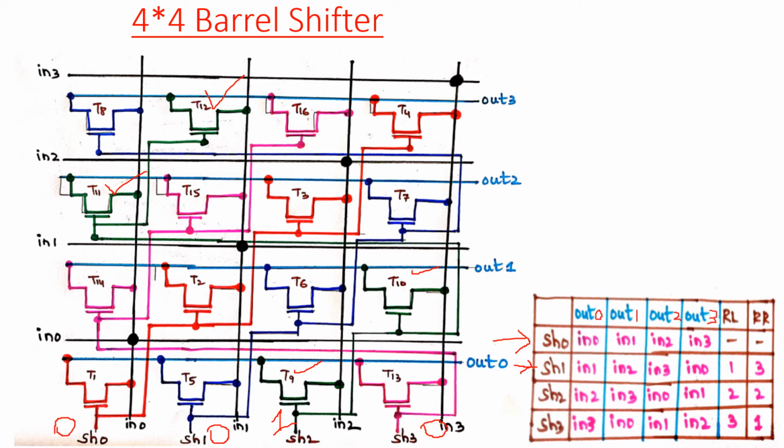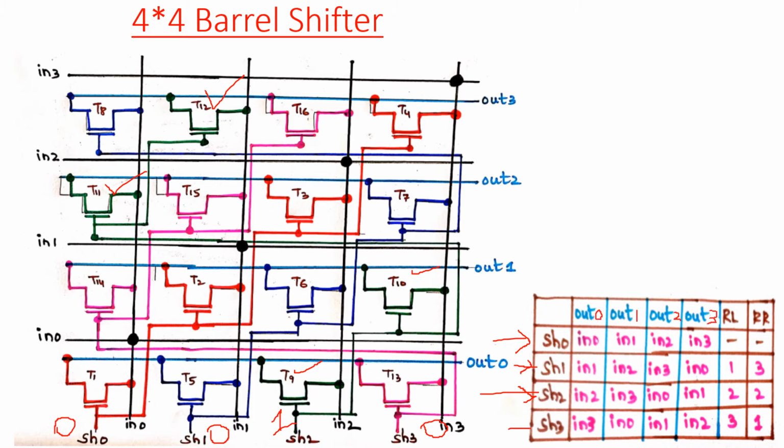Since T10 is on, input 3 is available on output 1. T11 is on, hence input 0 is available on output 2. T12 is on, hence input 1 is available on output 3. It means if SH2 is 1, data gets shifted by 2 times.